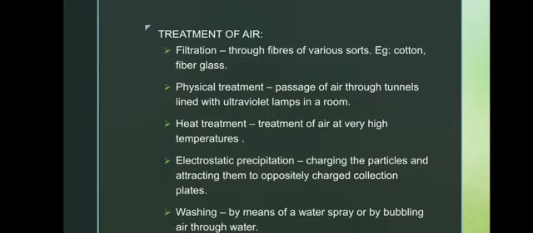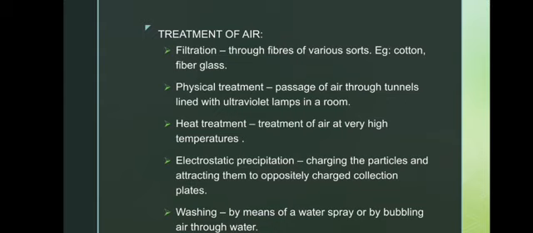So, treatment of air. Filtration is done by passing the air through fibers, for example cotton, fiberglass, or carbonated material. Air is allowed to pass through these filters, and after passing through, the filtered air enters the industry.